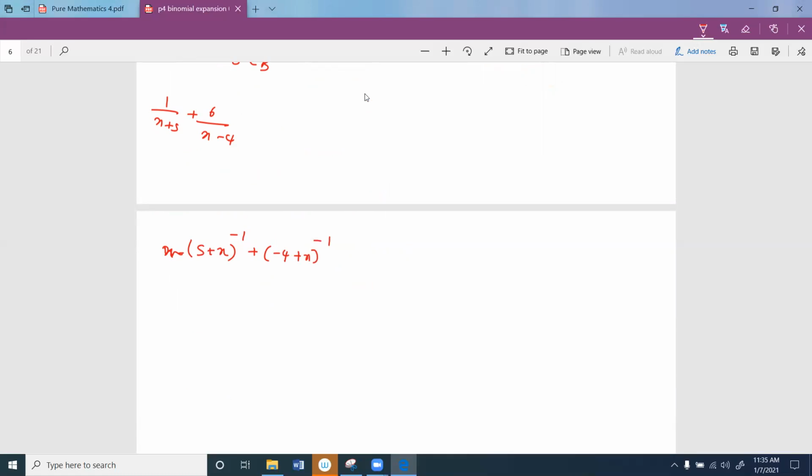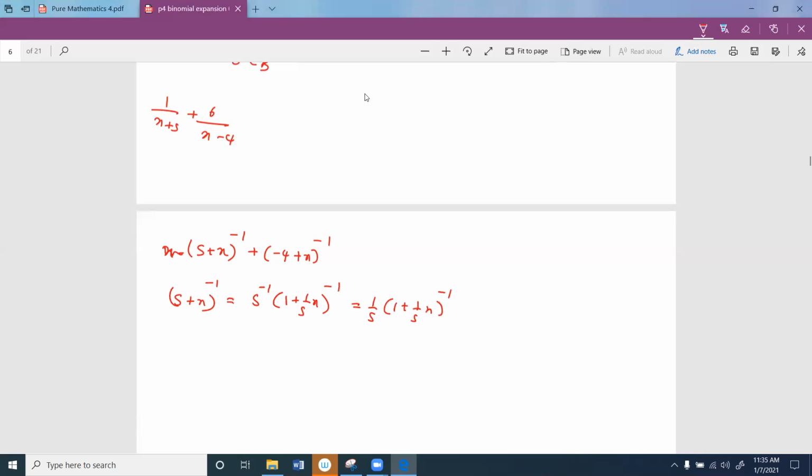You can take 5 out: (5 plus x) to the power minus 1 turns up to 5 to the power minus 1 times (1 plus 1 over 5 x) to the power minus 1. So this is 1 over 5 times (1 plus x over 5) to the power minus 1. Do the expansion for this.